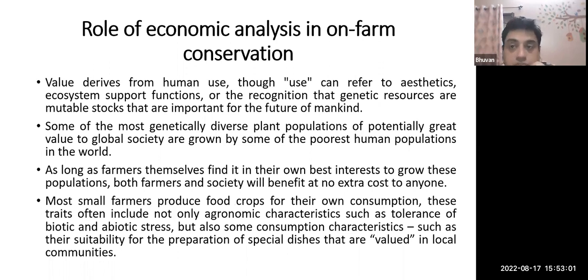The use basically refers to the aesthetics, ecosystem support function, or the recognition that genetic resources are mutable stocks that are important for the future of mankind. So these are some of the uses which are linked with your agrobiodiversity, and for these uses, the agrobiodiversity must be conserved.